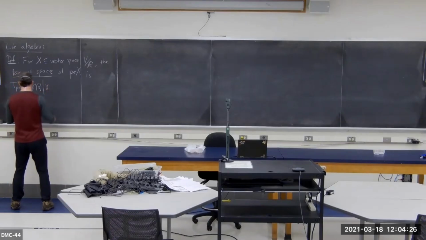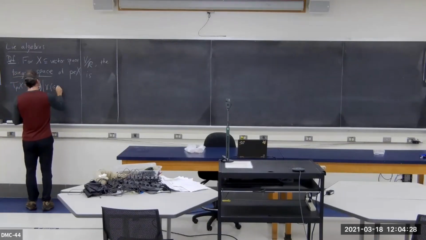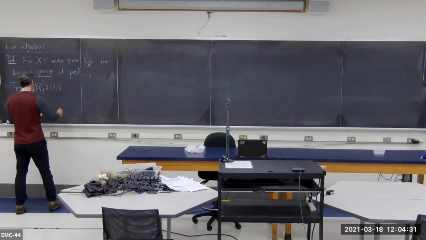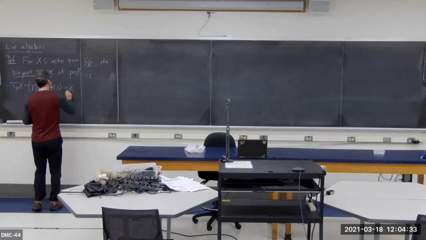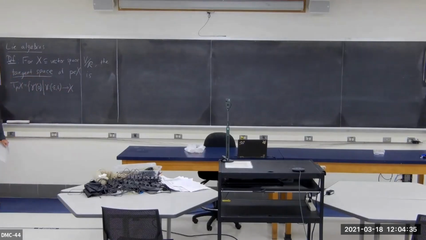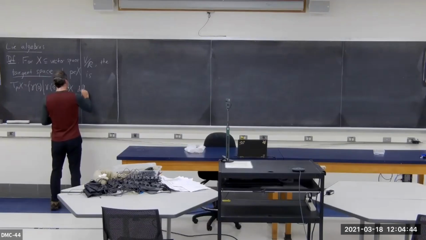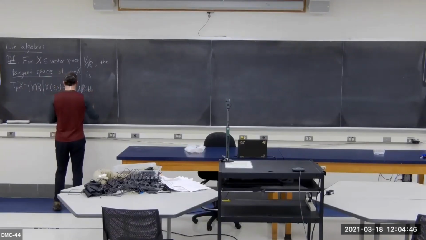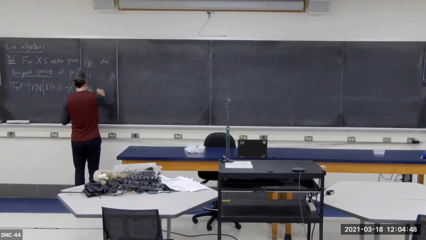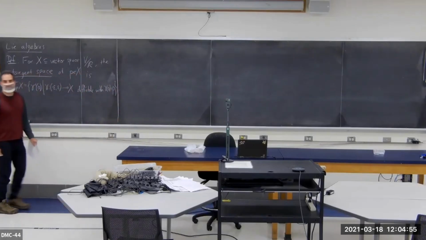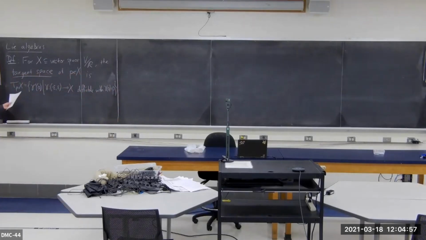gamma is going to be a curve from minus epsilon to epsilon. So it's going to take this little interval around the origin. Yeah, so all it needs to be is just a little tiny bit of curve. It maps to X. And this is supposed to be differentiable with gamma of 0 equal P. Okay, so let's read what this says.